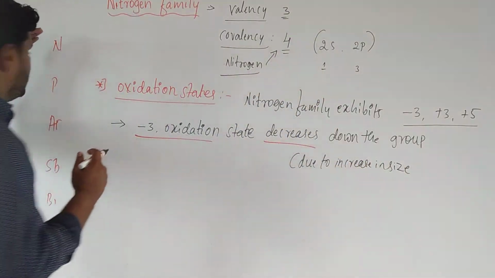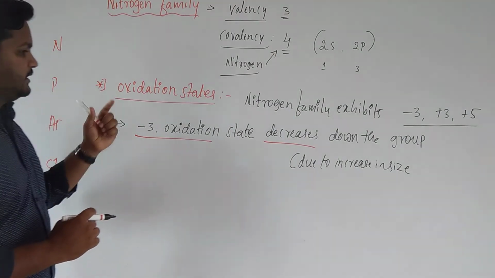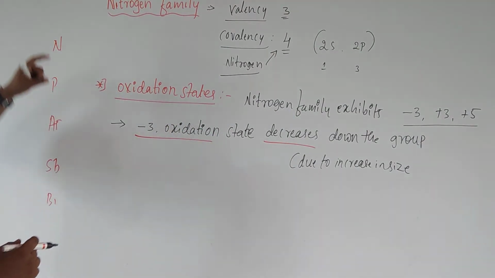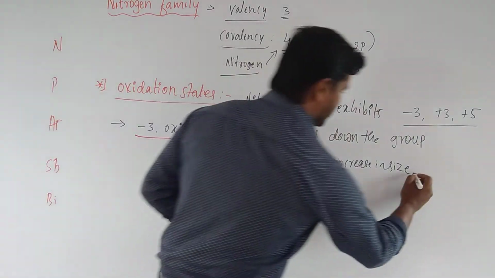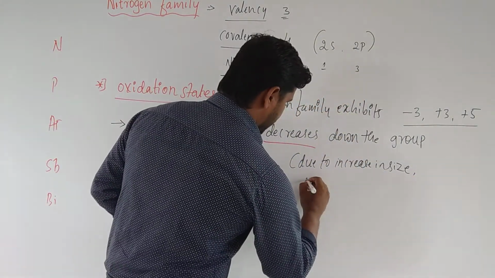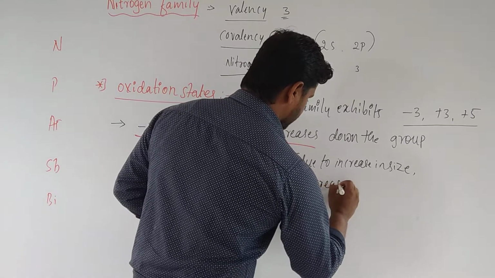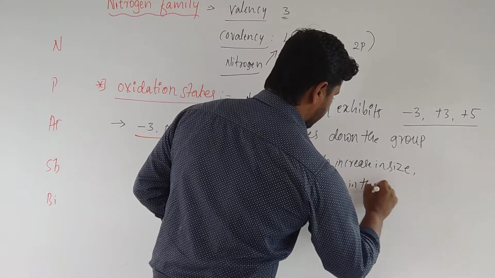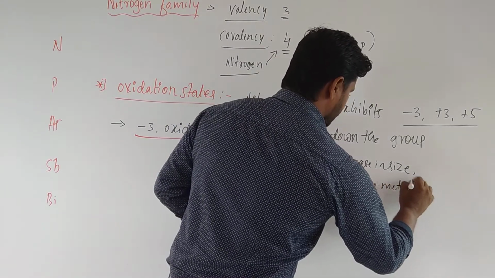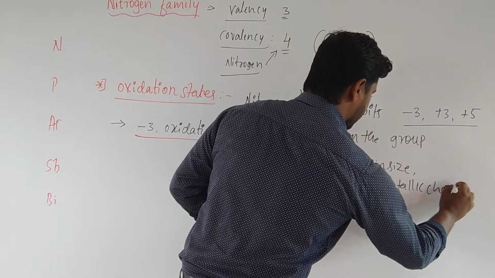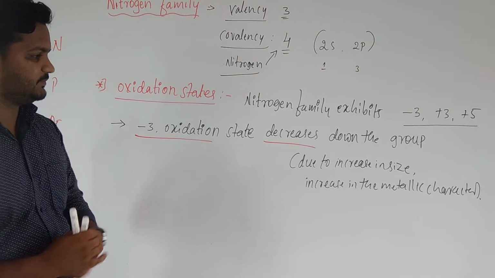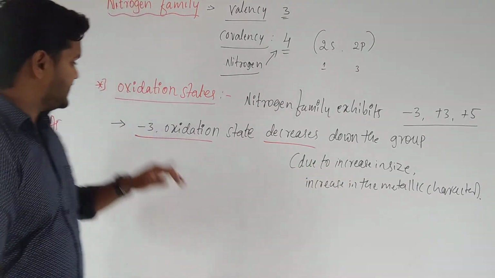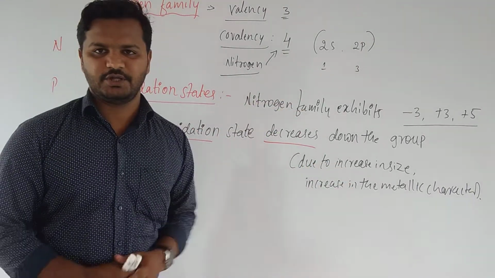When you move down the group, size increases, nitrogen to bismuth, as well as increase in the metallic character. So these are the main important reasons why the -3 oxidation state decreases down the group.